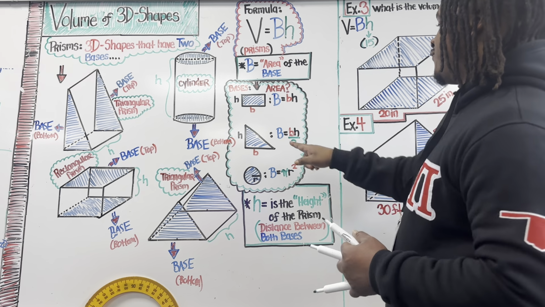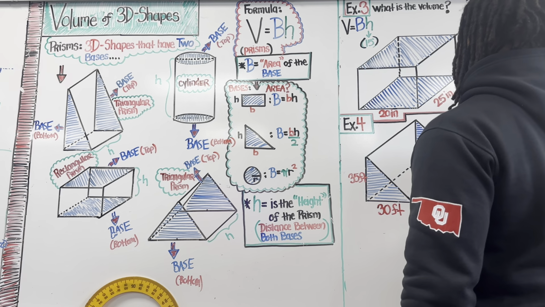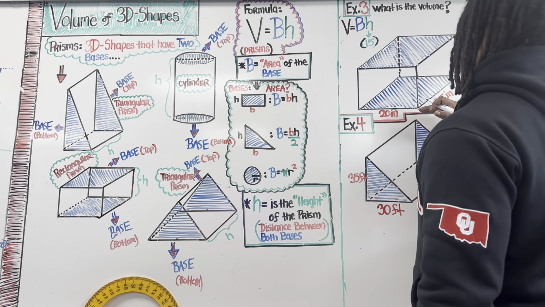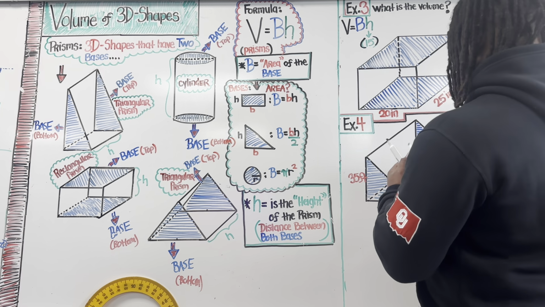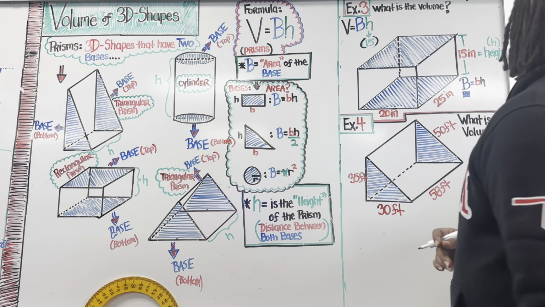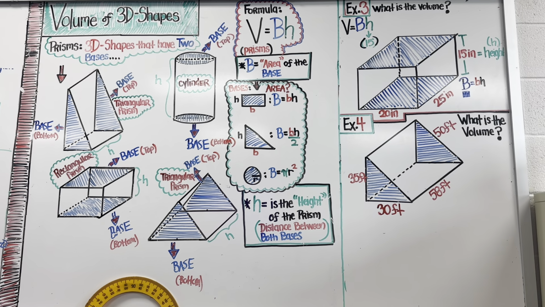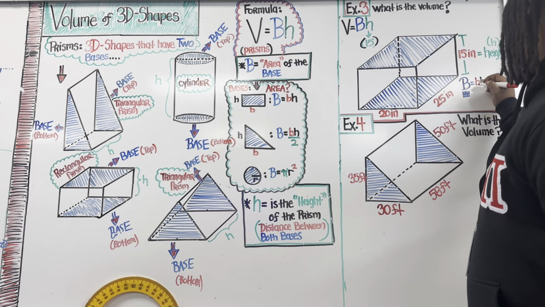It's going to turn into the formula of base, which is the small b, the horizontal side of the rectangle, times h, which is the elongated side or the height of the rectangular base. As you can see, the horizontal side, which is small b, is 20 inches.